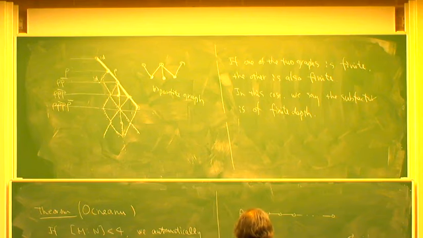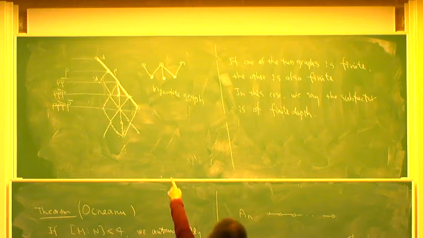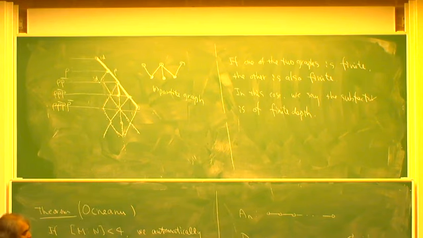So the E6 has six vertices. That example is actually E6.